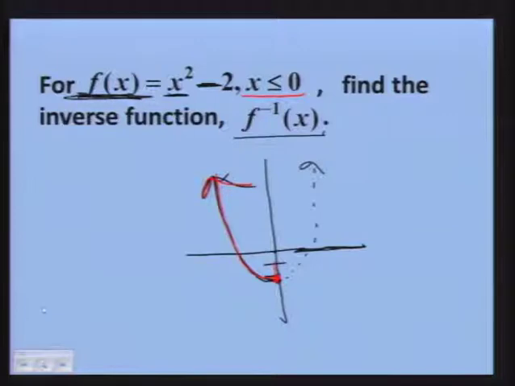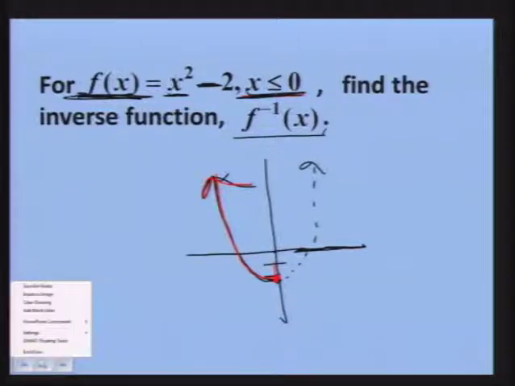It would not pass it if we had that side there. So that is why they have limited our domain for us. If they hadn't told us, we wouldn't know which half of the parabola to use. So let's get a blank screen here and work this one.